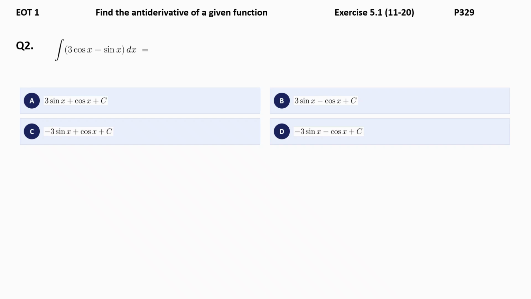If you notice here, 3 is a constant, the coefficient of cos x. Everywhere you have 3. And what is the integration of cos x? It is positive sin x.